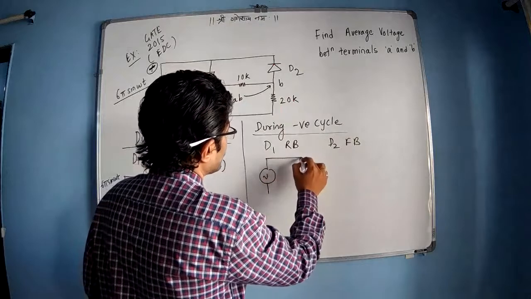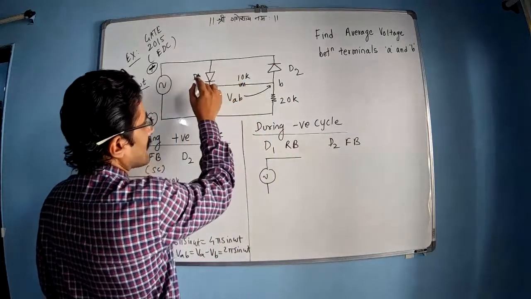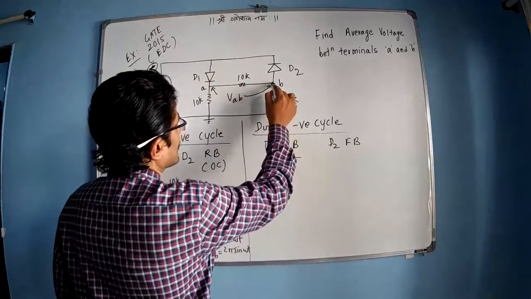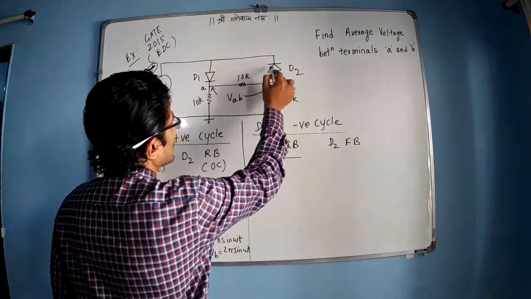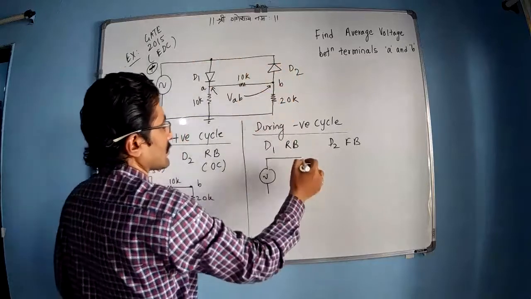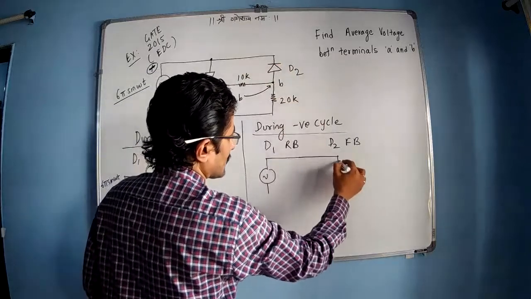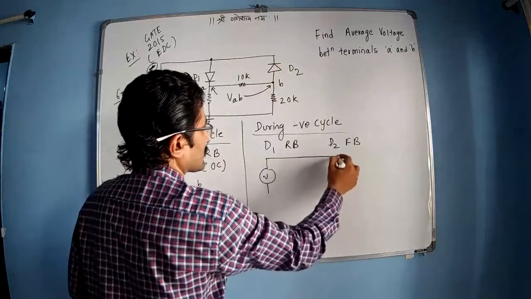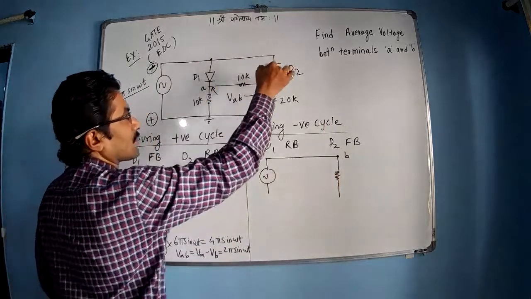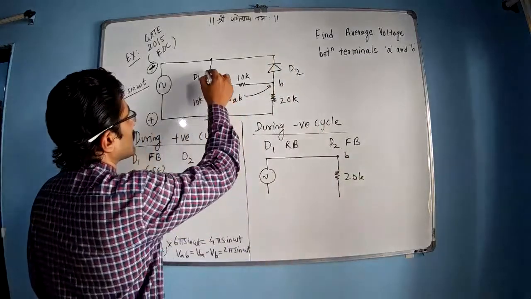Here there is no connection, so open circuit, and since this is a short circuit, this terminal is the same. This resistor is the 20k resistor. You can draw the circuit this way also. This is point B, because these two points are connected due to the short circuit. So this is 20k and there is no connection here.